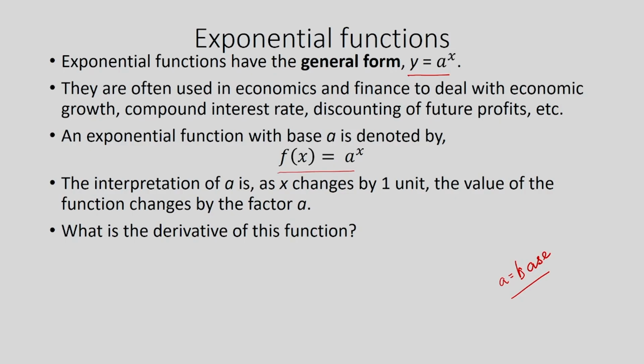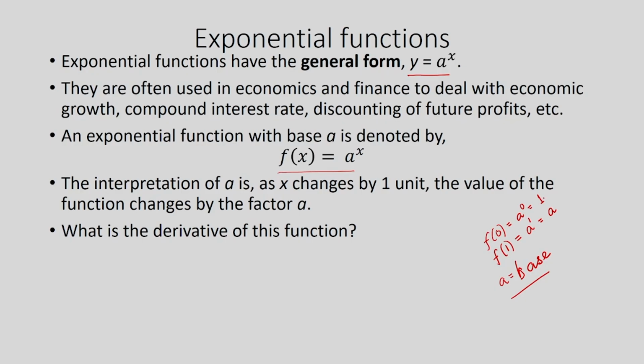What is the interpretation of this base? The interpretation of the base is, as x changes by 1 unit, the value of the function, that is f(x), changes by this factor small a, right? You can see, suppose you take f of 0, f of 0 will be a to the power 0, which is 1. Now you take f of 1, that is x is changing by 1 unit, so it will be a to the power 1, which is a.